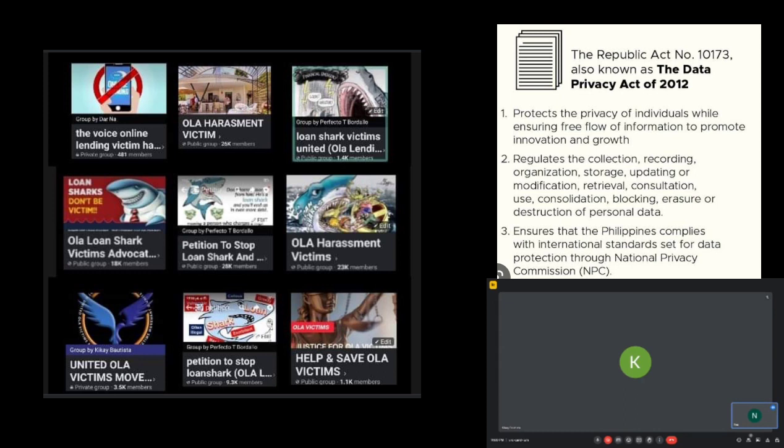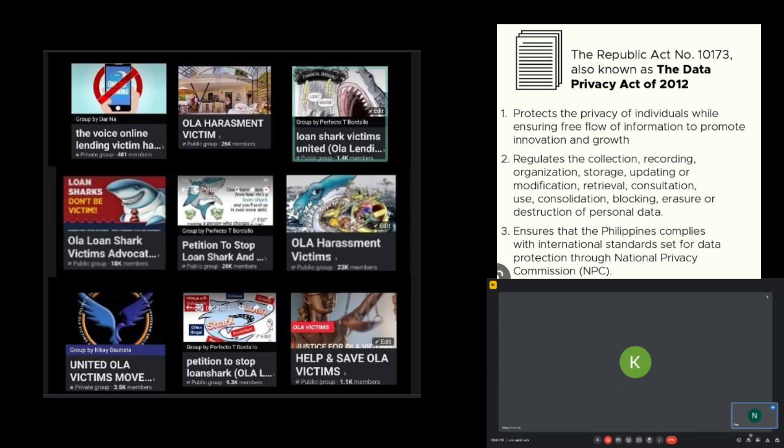If the offender is a corporation, partnership, or any juridical person, the penalty shall be imposed upon the responsible officers, as the case may be, who participated in or by their gross negligence allowed the commission of the crime. Okay? So, yung company, yung negosyo, or yung OLA, we can file a case against them, and not just that person or the collector who processed our information.